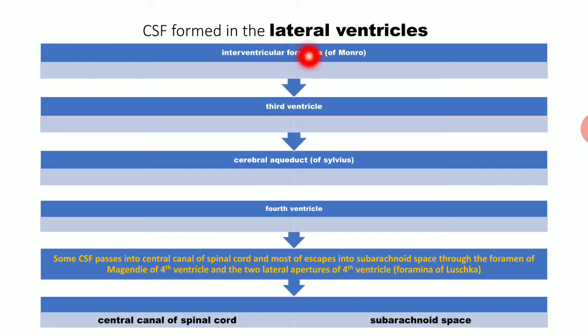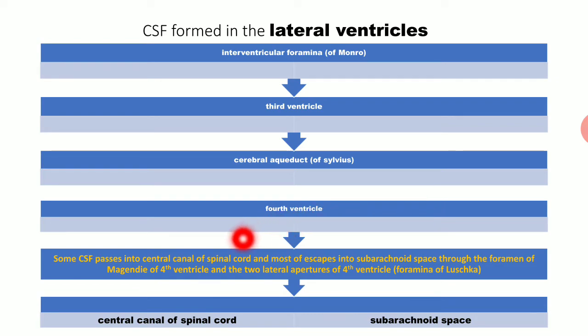CSF is formed in the lateral ventricles, and it passes through the interventricular foramina of Monro into the third ventricle. Then fluid flows through the cerebral aqueduct of Sylvius into the fourth ventricle, and from the fourth ventricle some CSF passes into the central canal of the spinal cord and most of the CSF escapes into the subarachnoid spaces.